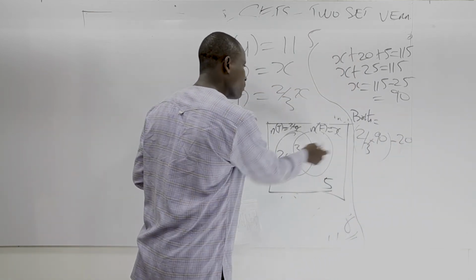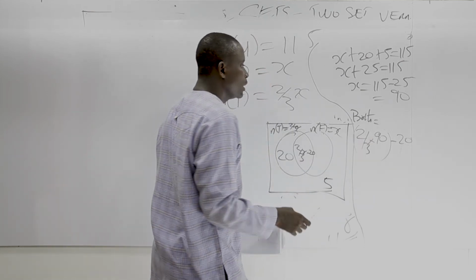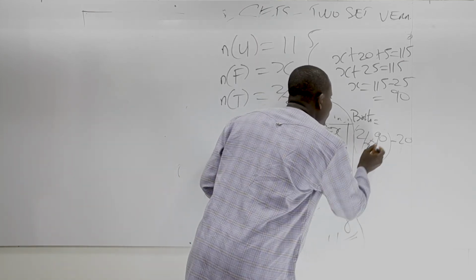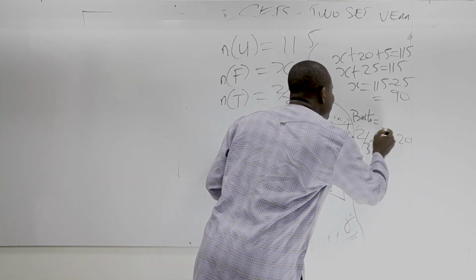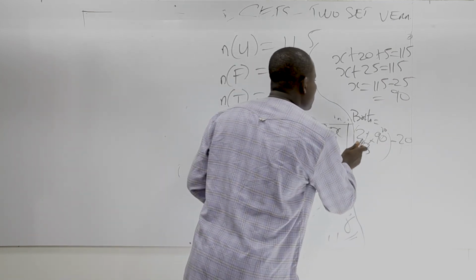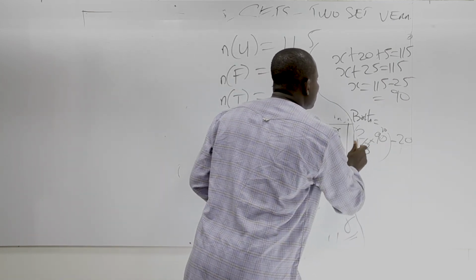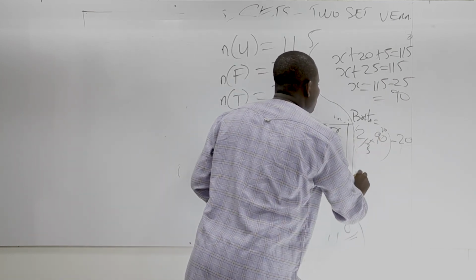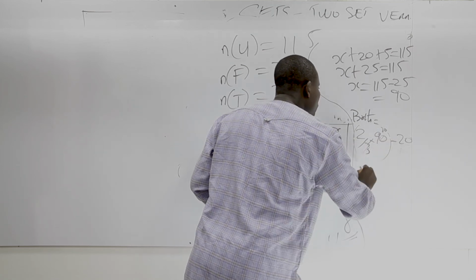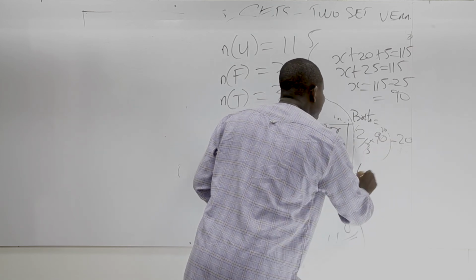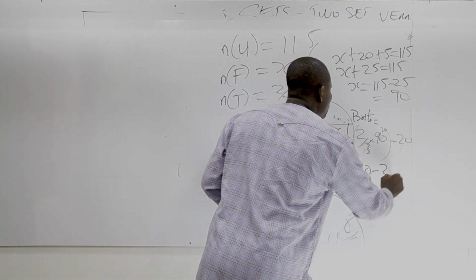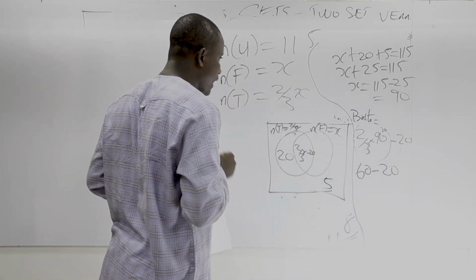Two-thirds X minus 20, where X is your 90. So by cancellation, this one will cancel this, and we get here to be what? 30. So here becomes 2 times 30, because this one goes into this. So 2 times 30 is what? So 60 minus 20. All right?